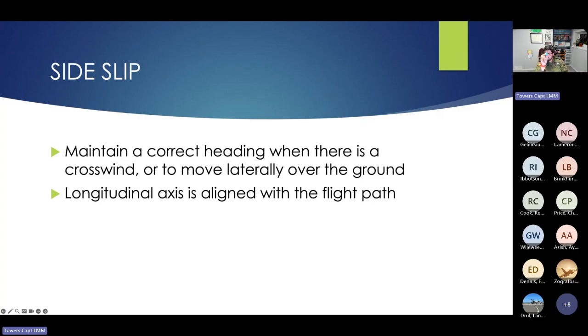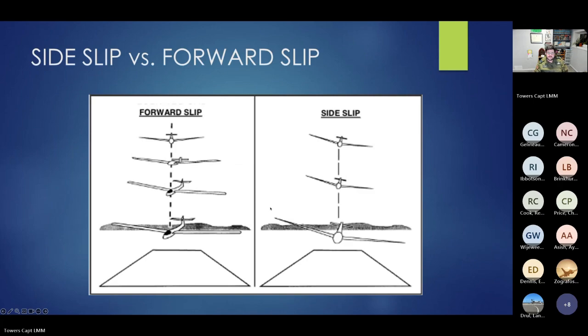Any questions about visually how that looks, a side slip versus a forward slip? Well, here's a picture. You've got your forward slip and the side slip, just angled a little bit.